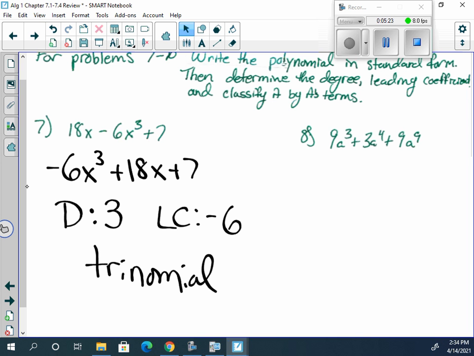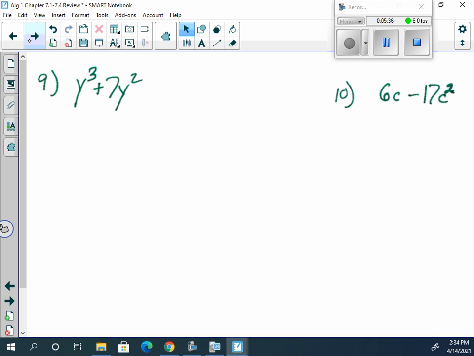So is there any other questions on this one here? Do we want to look at number 8 or 9 or 10? We can look at number 10. So we have 6c minus 17c squared.